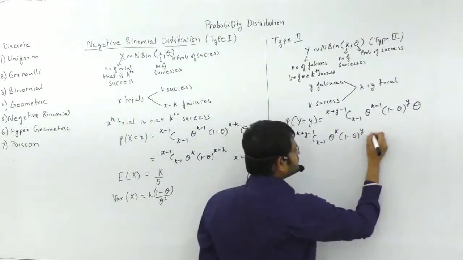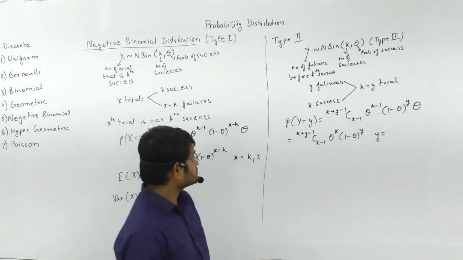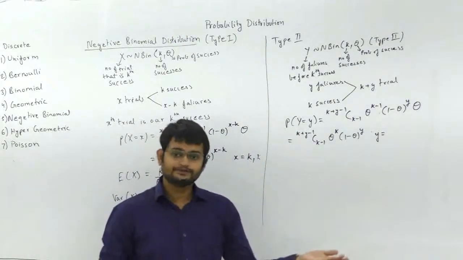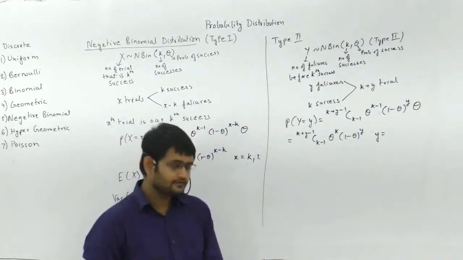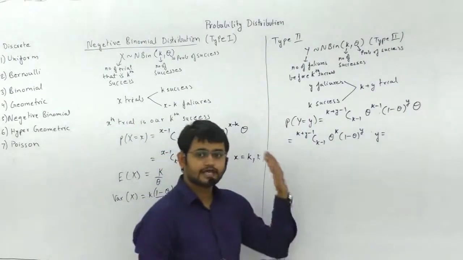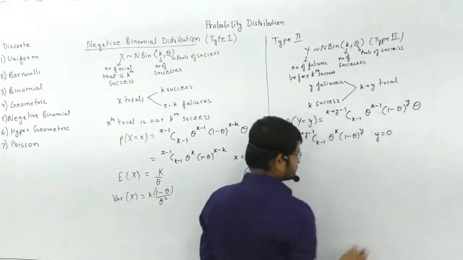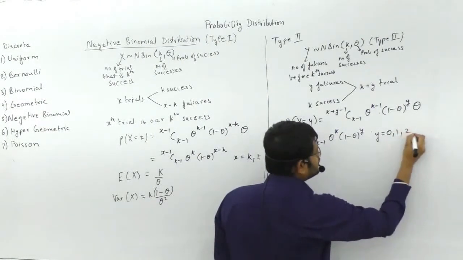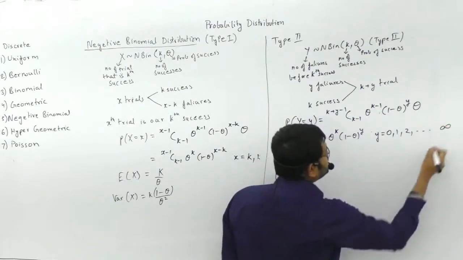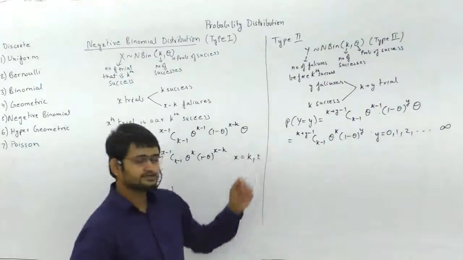Now what are the possible values of Y? For k number of successes, how many minimum failures can I have? I can have 0 failures, I can have all of them as successes. So the minimum value of Y is 0, or it can be 1 or 2, or we can get an infinite number of failures before we get our kth success.